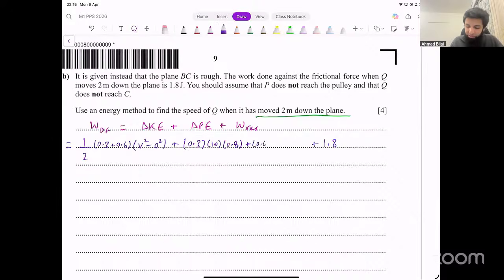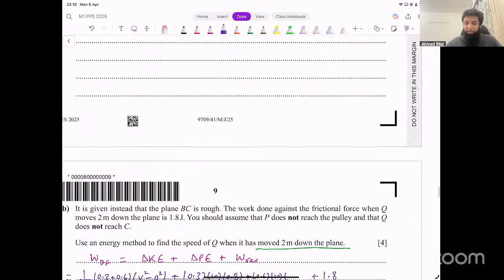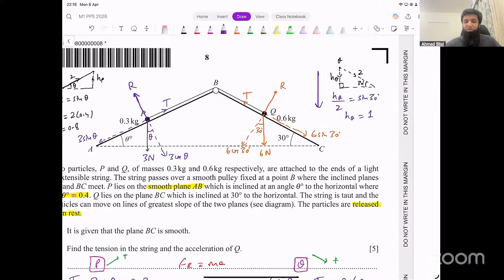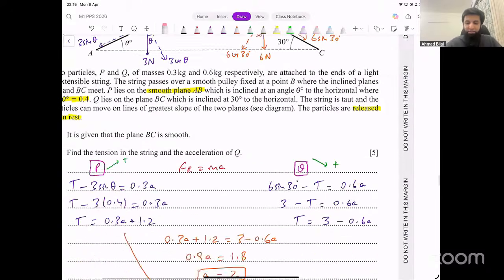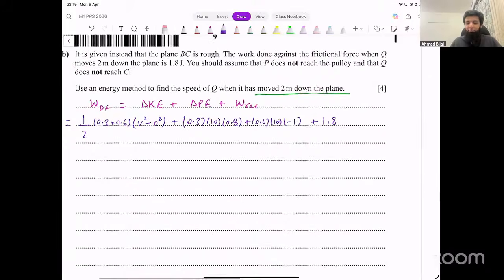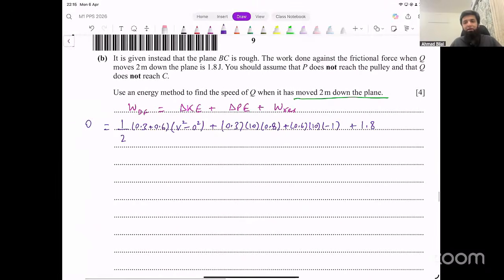Mass 0.6, g 10. For Q, the height was decreasing, so the change in height will be considered negative. We will say this is -1. Now we solve this equation and that will give us the value for V. So for Q, the change in potential energy is going to be negative. For P, the change in potential energy is going to be positive.